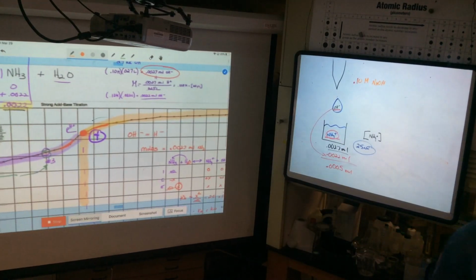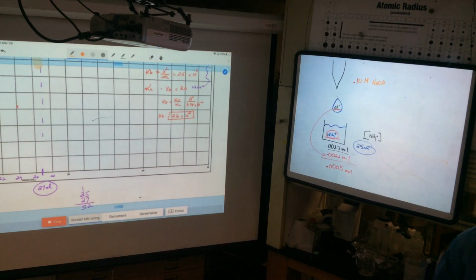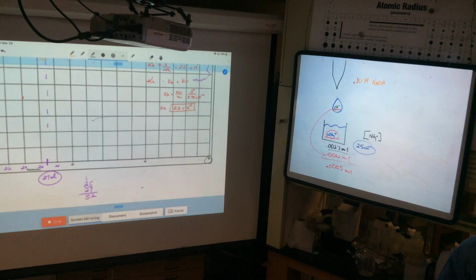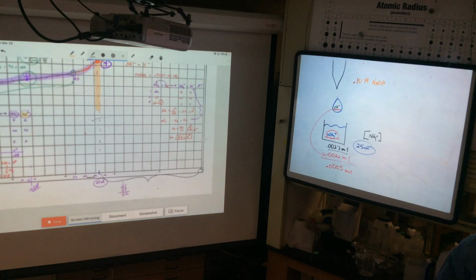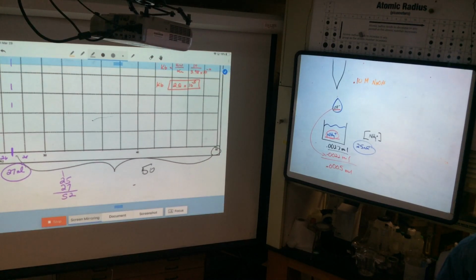So how much extra did we add? If I look at my chart here, I got 27 and I have 50. So how much extra base did I add beyond the equivalence point? 50 minus 27, and so what do you get here? 13?